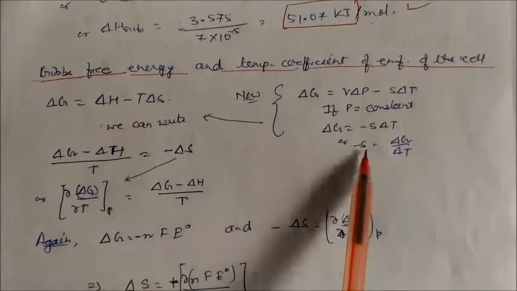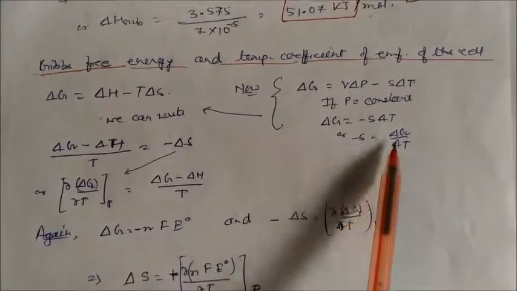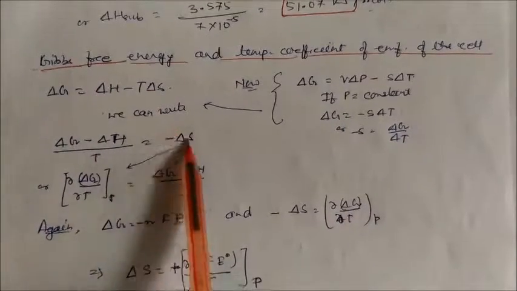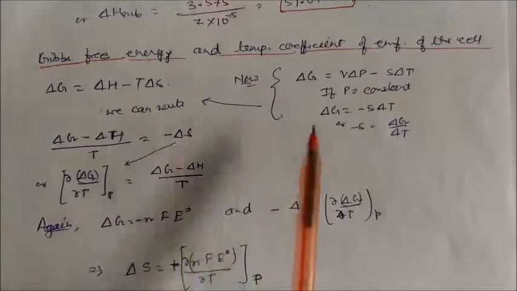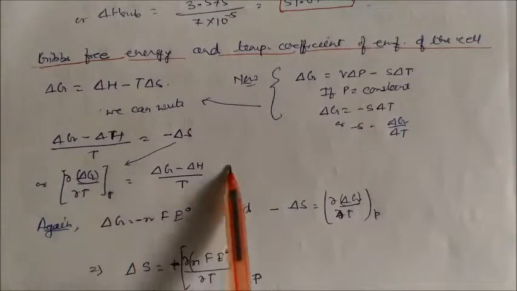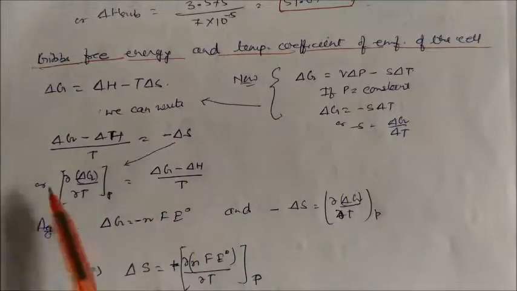This S is nothing but delta S, so we can substitute delta G minus delta H upon T. So this will be minus delta S. So delta S can be written in this form. So delta G by delta T at constant pressure will be equal to this, and the minus sign becomes plus.